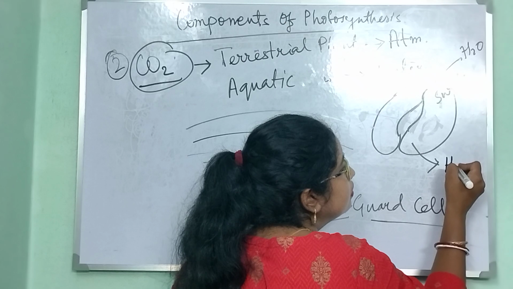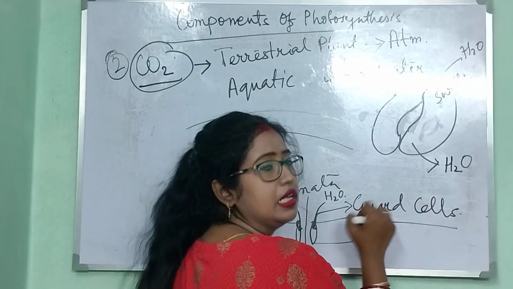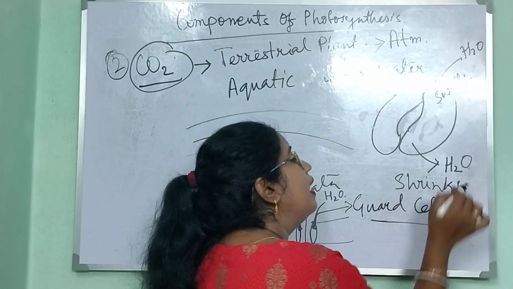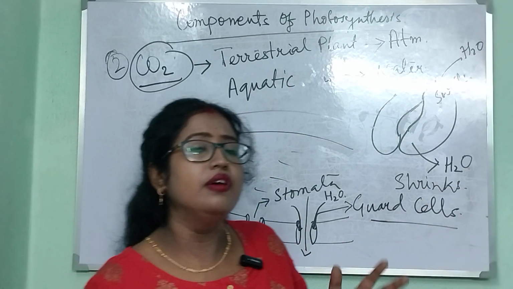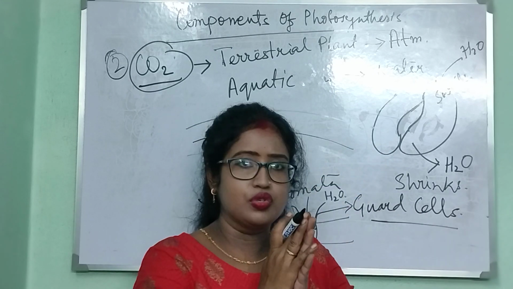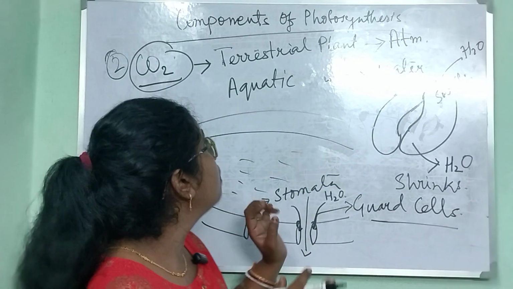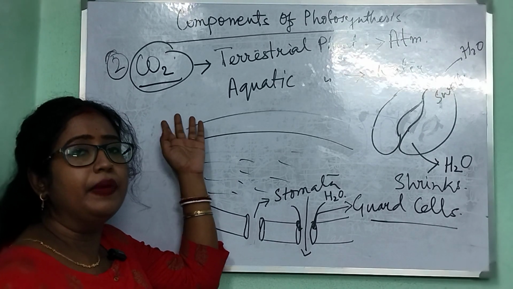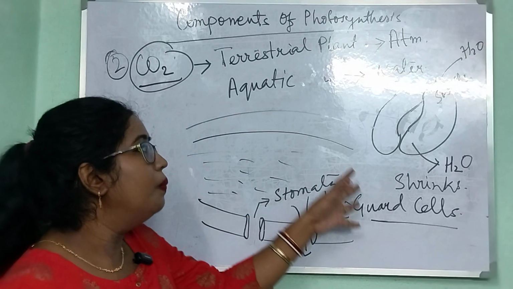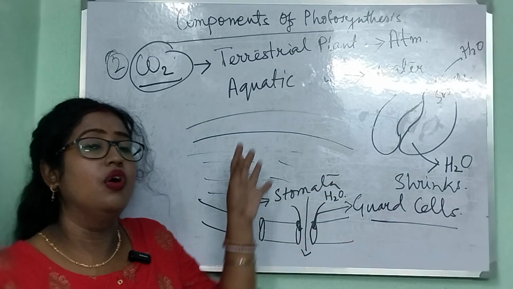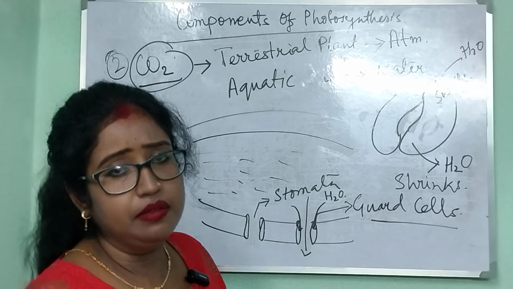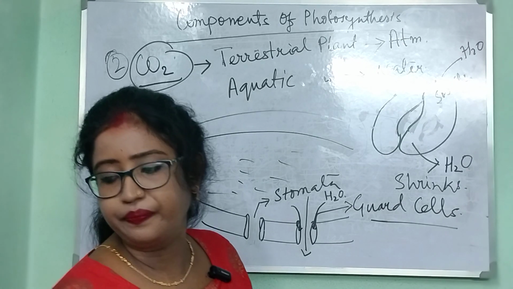But when water flows out of the guard cell, the guard cell shrinks, and the stomatal opening or stomatal pore closes. So the absorption of carbon dioxide depends on the opening and closing of the stomatal pore that is present in leaves of green plants.